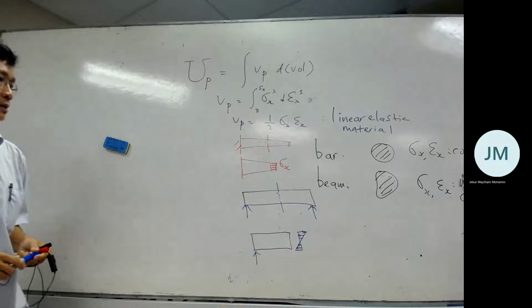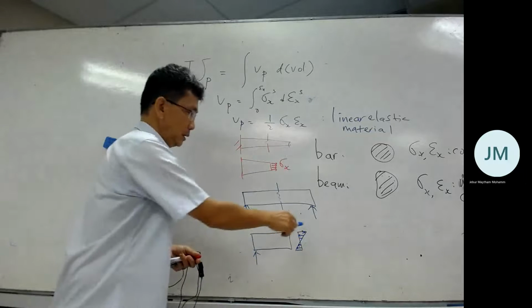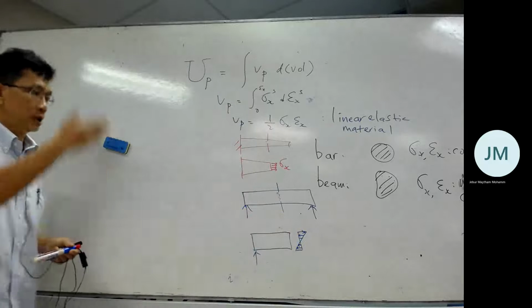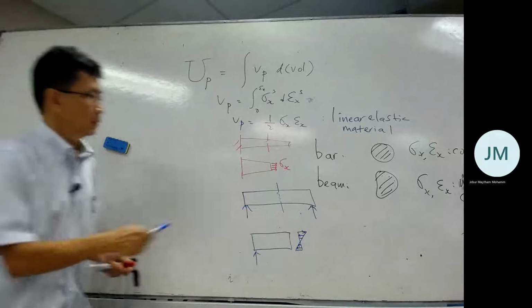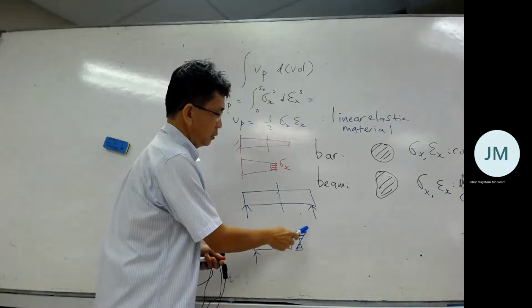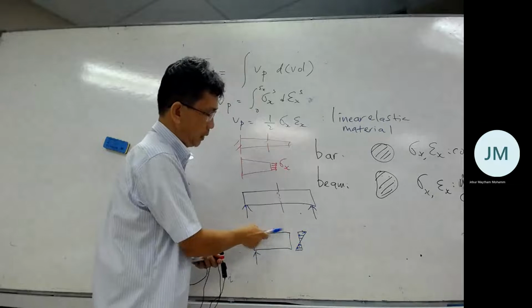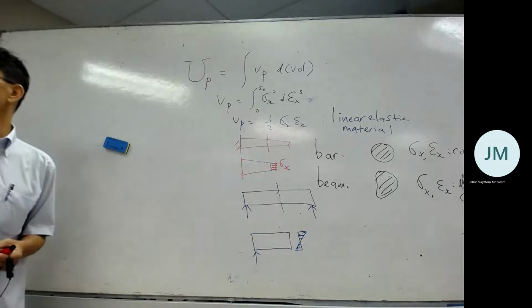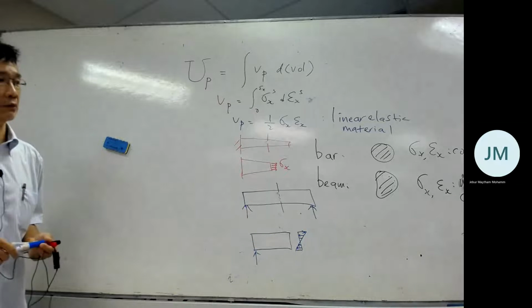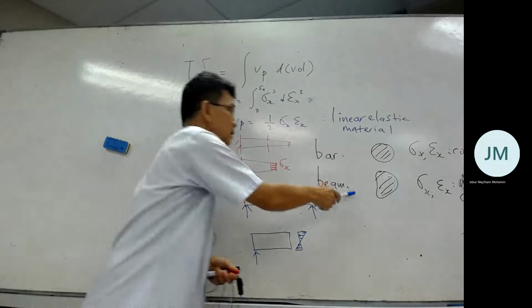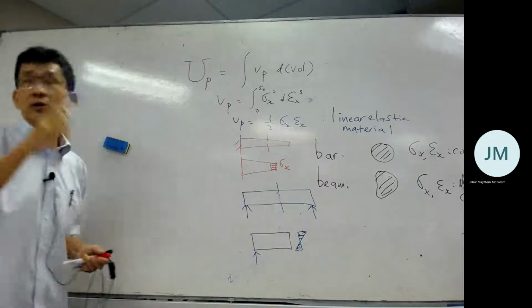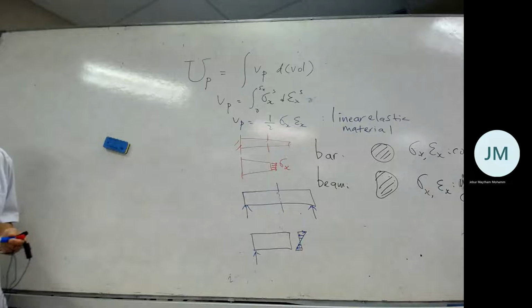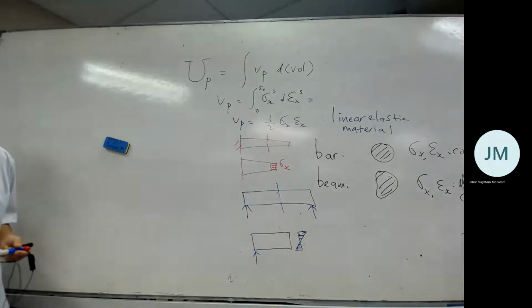The stress and strain over the cross section in the case of beam change linearly from the neutral axis, zero, until the top here. Here maybe compression maximum, tension maximum at the bottom. So it is not constant for the case of beam. That's why the strain energy is also not the same at any point. Okay, you have to consider that.